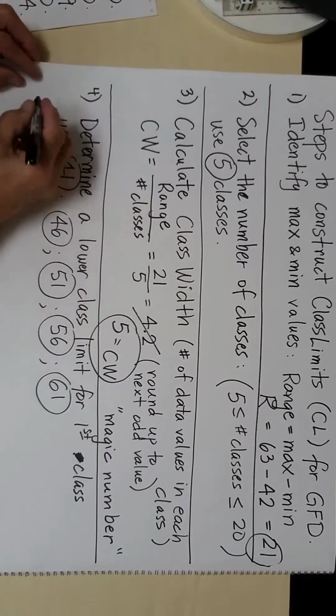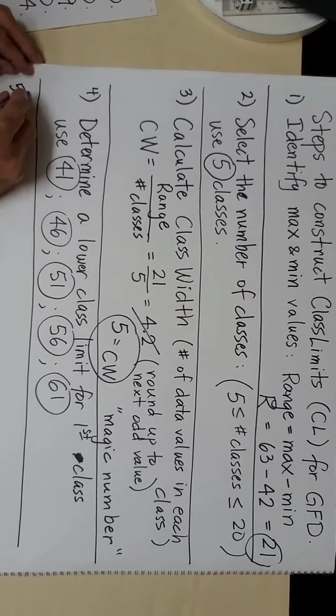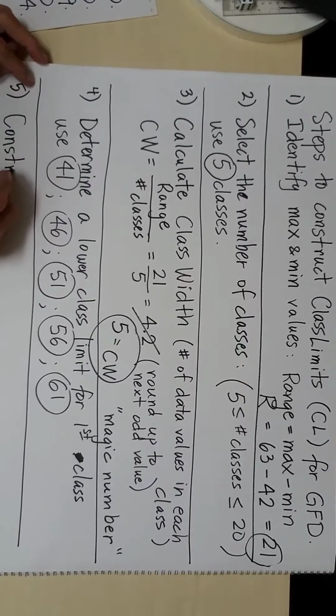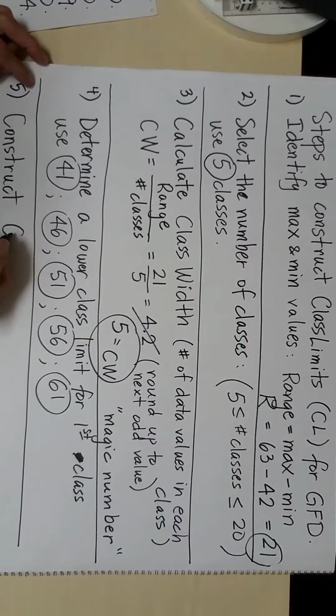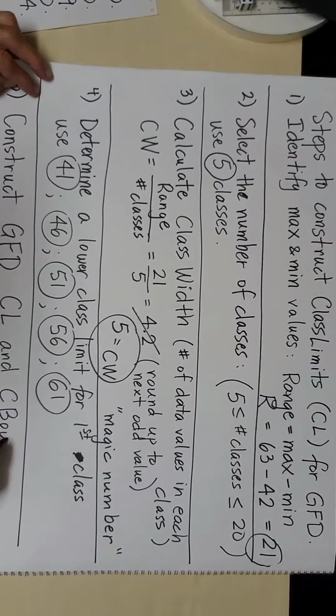So now that we've done these 4 steps, the 5th step is to construct the group frequency distribution, class limits, and class boundaries. CB stands for class boundaries.